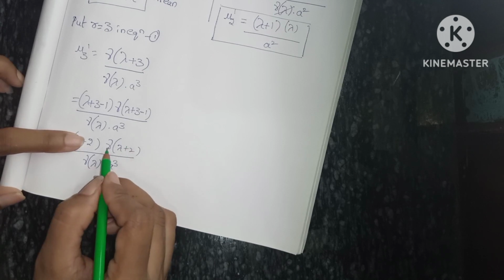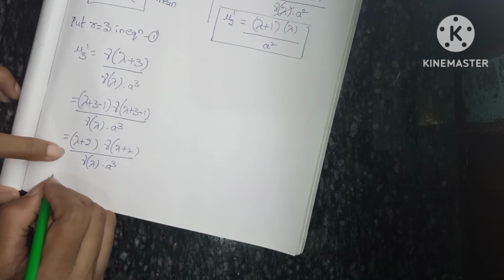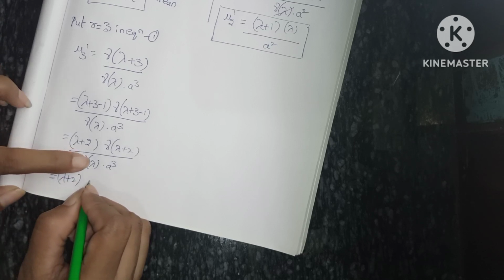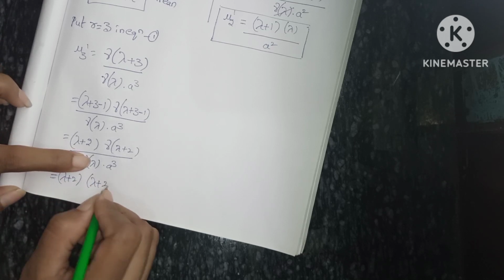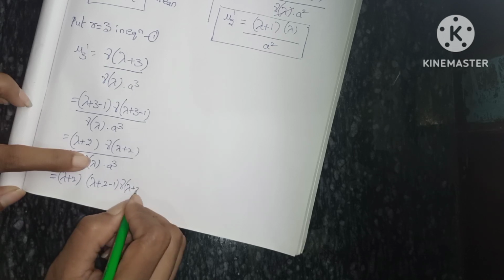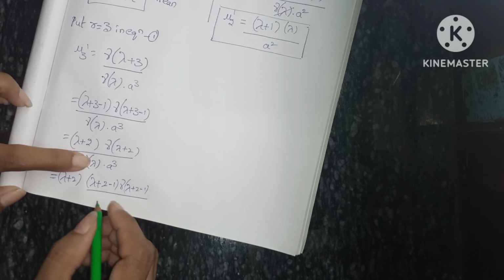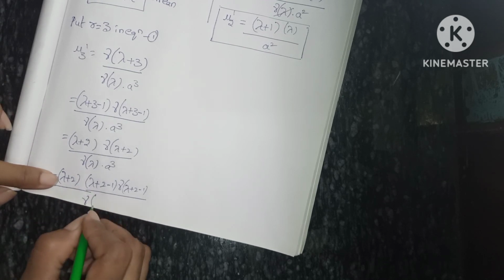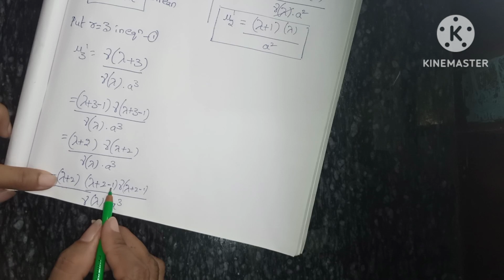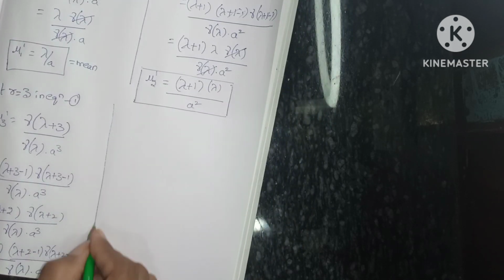Again, this is in the form of gamma of lambda. So lambda plus 2 into lambda plus 2 minus 1 into gamma of lambda plus 2 minus 1 by gamma of lambda into a cube. 2 minus 1 is nothing but 1.